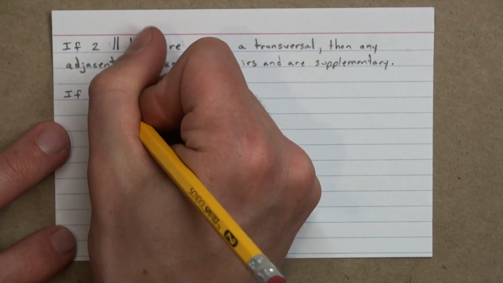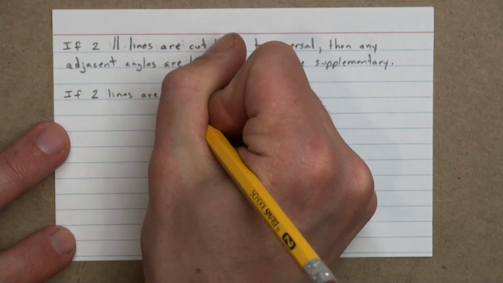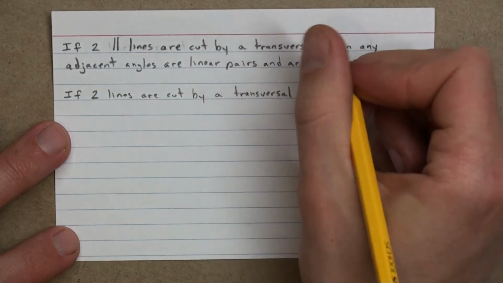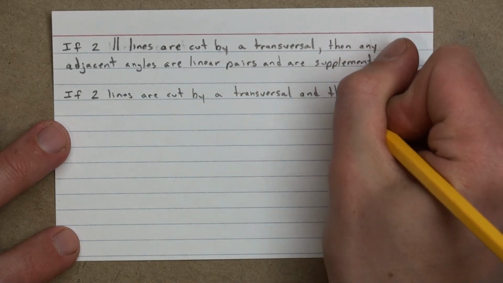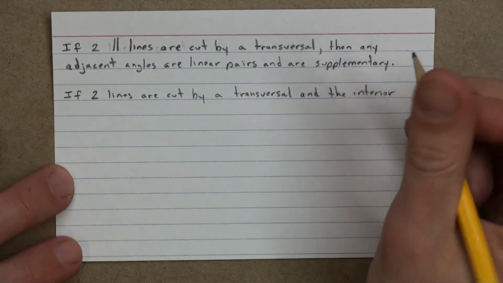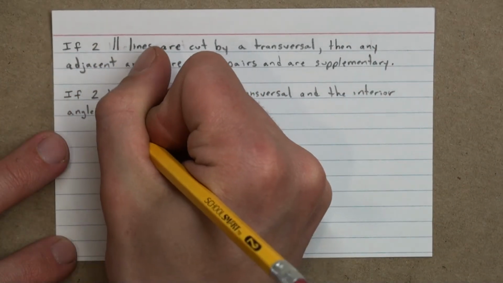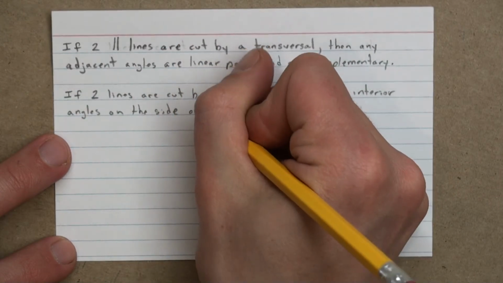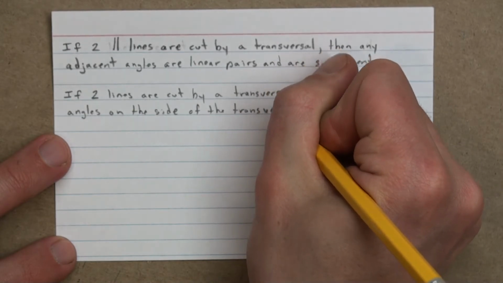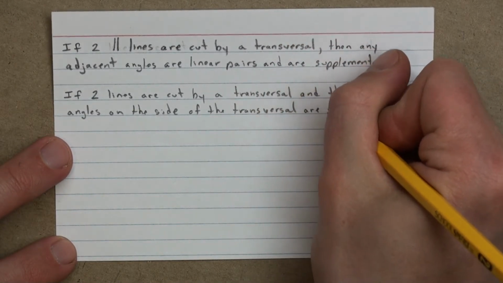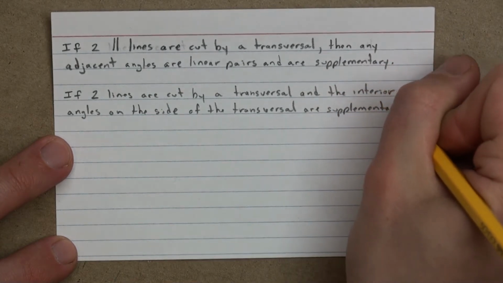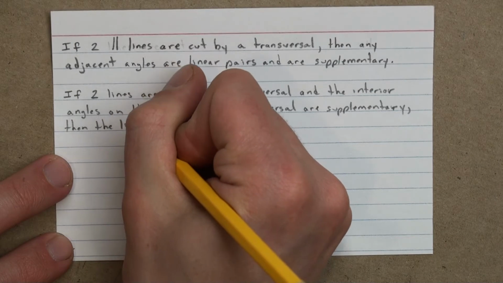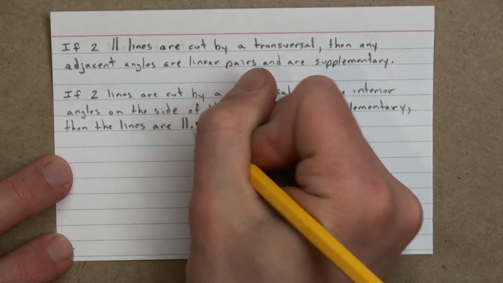So if two lines are cut by a transversal and the interior angles on the same side of the transversal are supplementary, comma, then the lines are parallel.